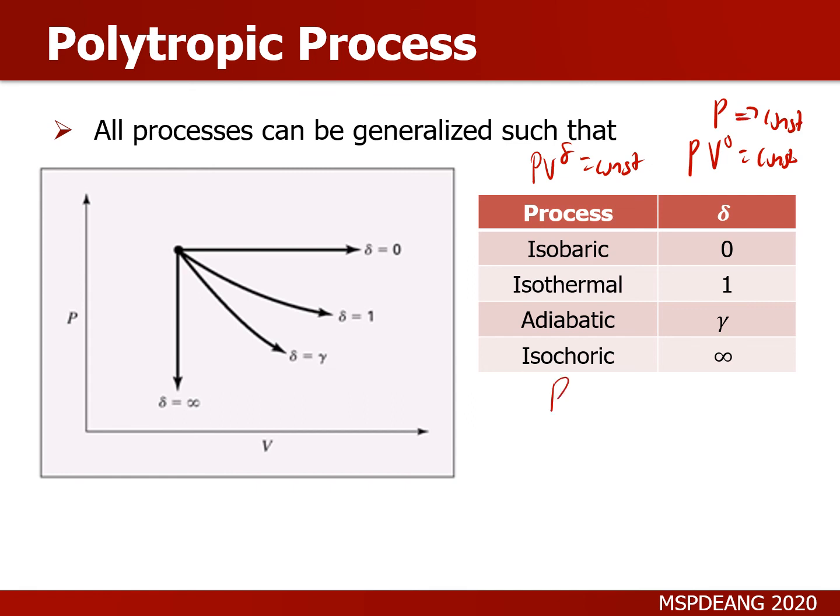But if P V raised to 1 is constant, you have an isothermal process. And of course, if P V raised to gamma is constant, meaning delta is equal to gamma, you have an adiabatic process. And lastly, if delta approaches infinity, it approaches an isochoric process.